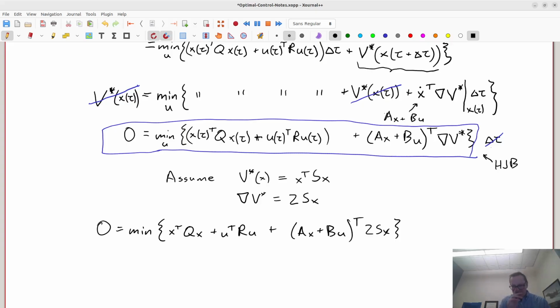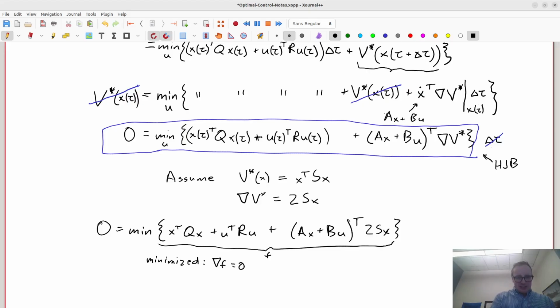Okay, so now we need to solve this equation, and this will be minimized when the gradient of this, if we call this f, is equal to 0.